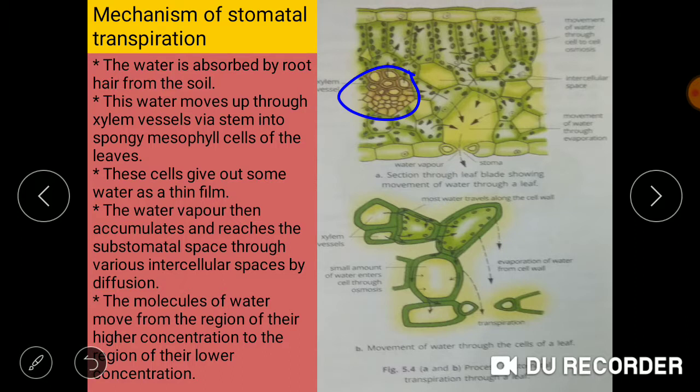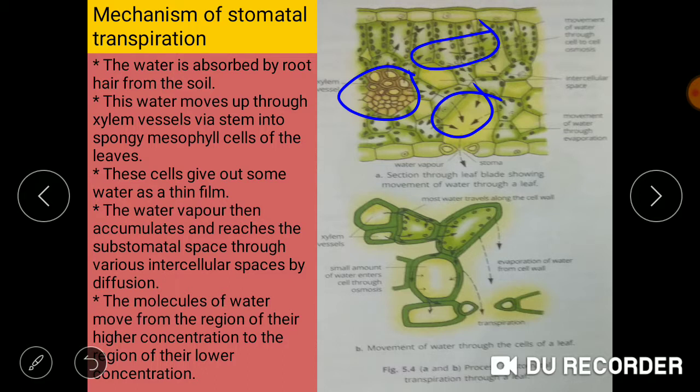The xylem vessel transports the water to the palisade cells, and from the palisade cells the arrow goes towards the spongy parenchyma. From the spongy parenchyma, the water is transferred to the substomatal region, where it gets accumulated.